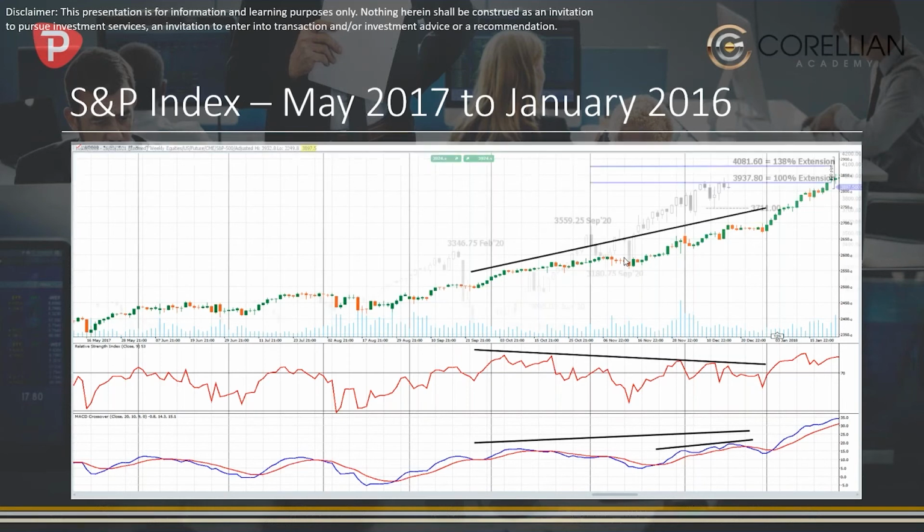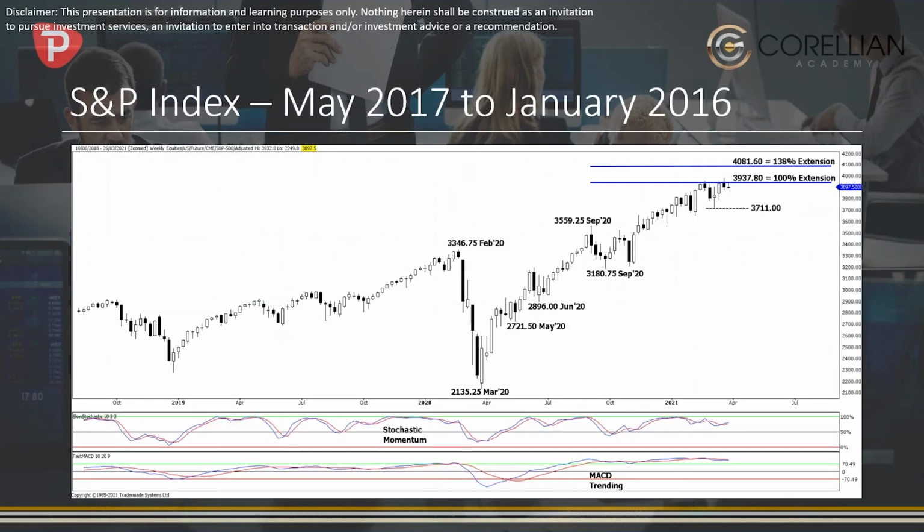Now, one of the reasons why I'm looking at divergences this week is that those of you that have joined us on the Sunday night webinar will know that I've been talking about the S&P, and this is actually the S&P up to date on a weekly basis. I've been highlighting the potential of a divergence within the various indicators, not just momentum on its own, but also trending.